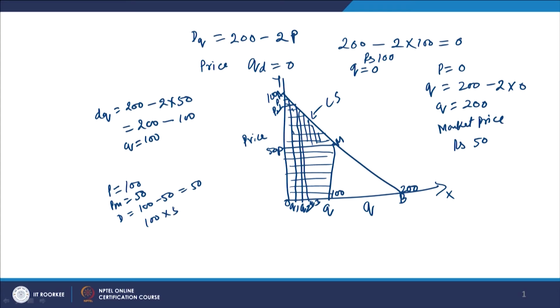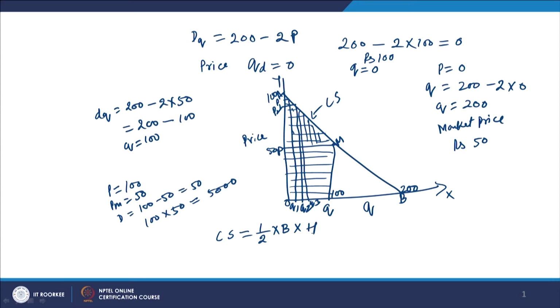So, this is actually the difference, and now consumer is consuming 100 units. So, market price 50 multiplied by 100 units, that is the total amount that is being spent by the consumer on the commodity. So, the above portion is consumer surplus, and you can easily estimate it by taking a simple formula that CS here is 1 upon 2 into base into height.